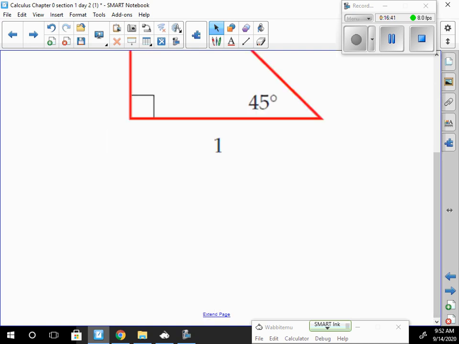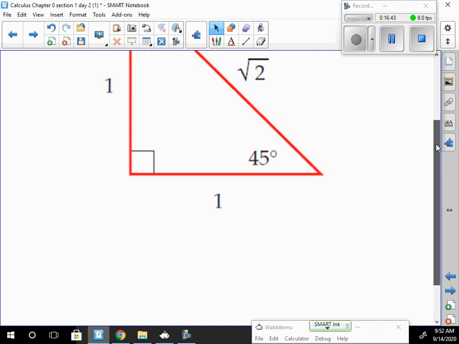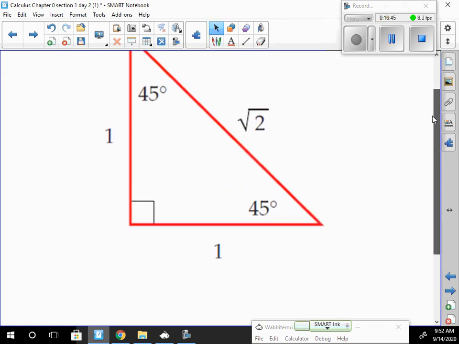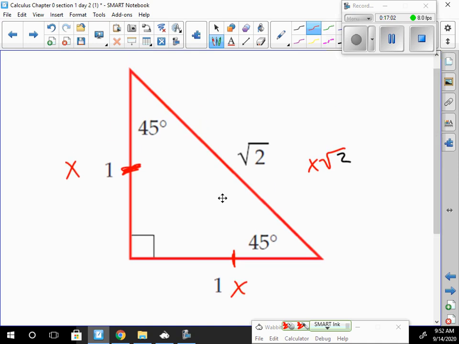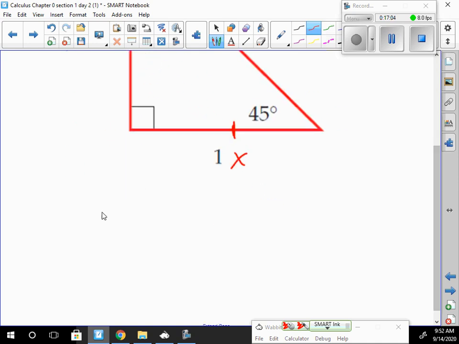Okay, now let's move on to the 45, 45, 90. So from geometry, if this is x, and then this has to be x, those are going to be congruent. And then this would be x times the square root of 2. In this case, we already have that this is a 1, so we can just move right into it.